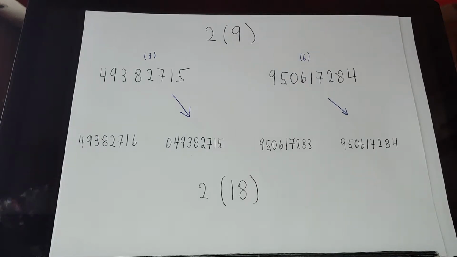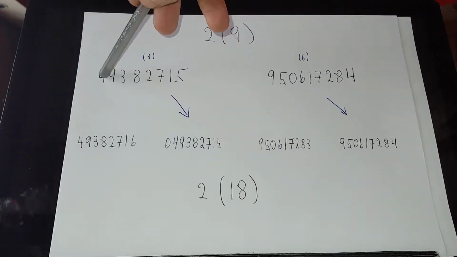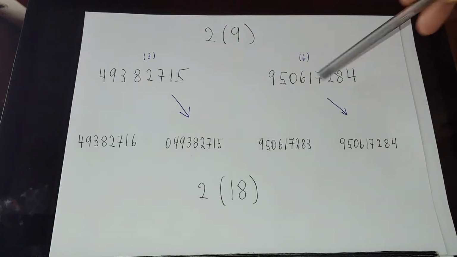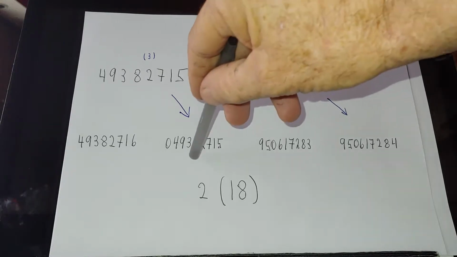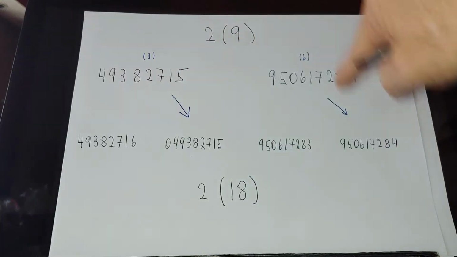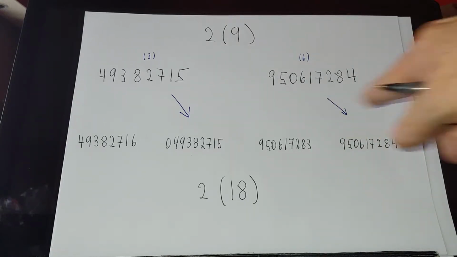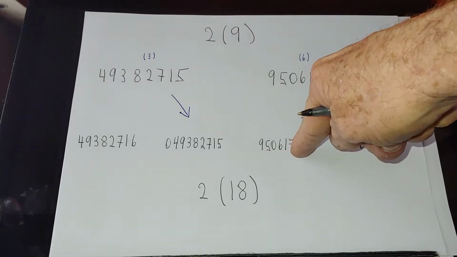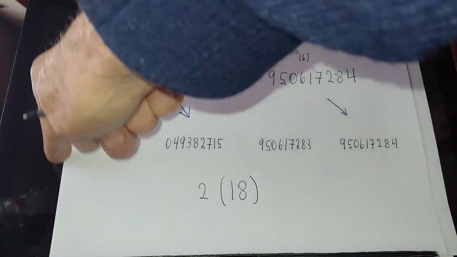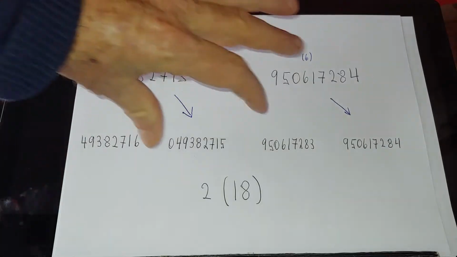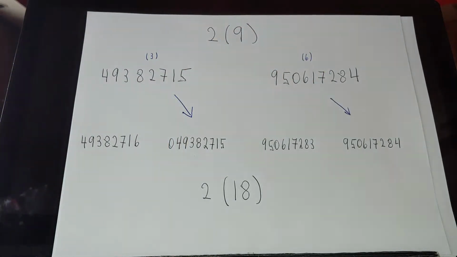So just from a different angle, looking at it sideways, the left-hand side of the number is going to fall in, and the right-hand side is what I call the repeating sequence. This is the ending sequence on the left-hand side. This is the ending sequence on the right-hand side, and this is the repeating sequence on the right-hand side, and this is the repeating sequence on the left-hand side. So if you know what this number is and what this number is, you will know how to do it with all numbers.